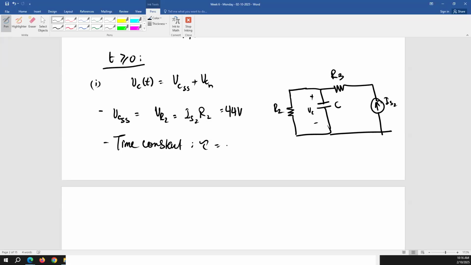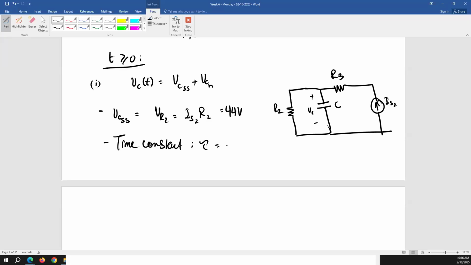What is your criteria to calculate the time constant in an RC circuit? I know you know. Yes, there is. It has to be in the natural state.